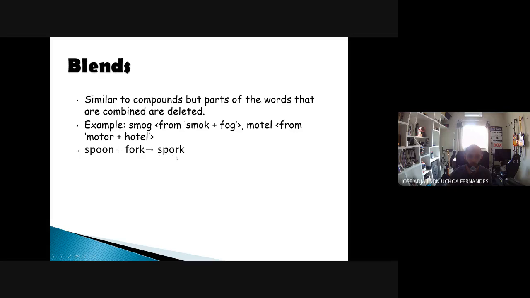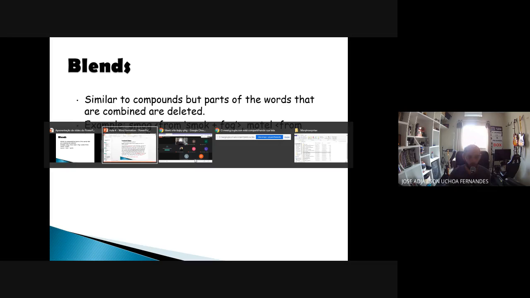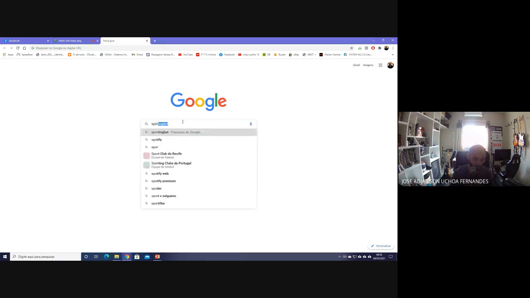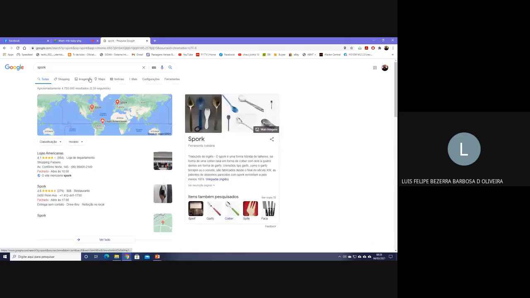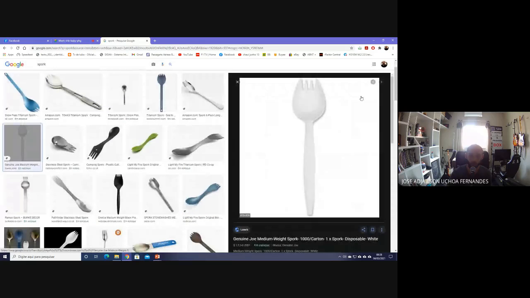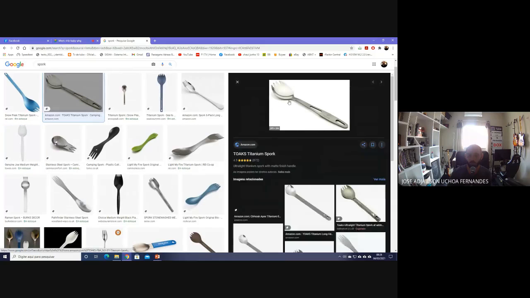Did you know what it is? It's the intermediate between a spoon and a fork. Let me see if I can show you in Google Images. Yeah, like this. This is a spork.